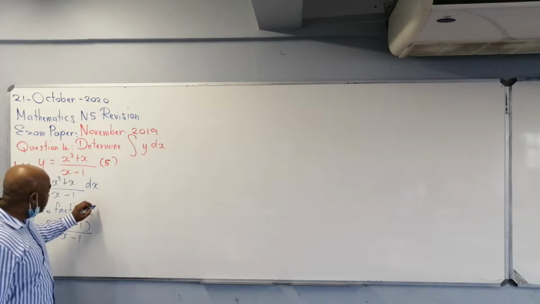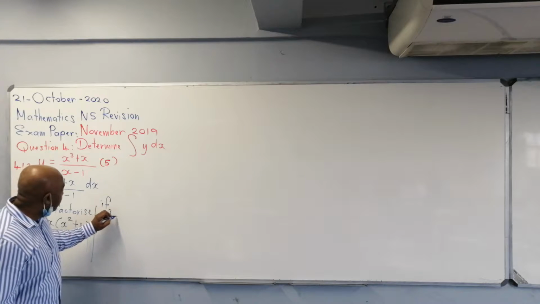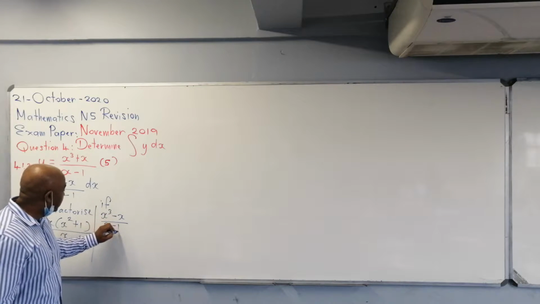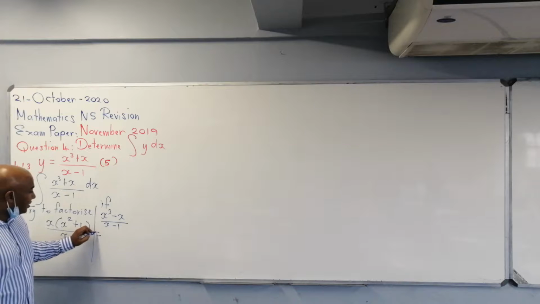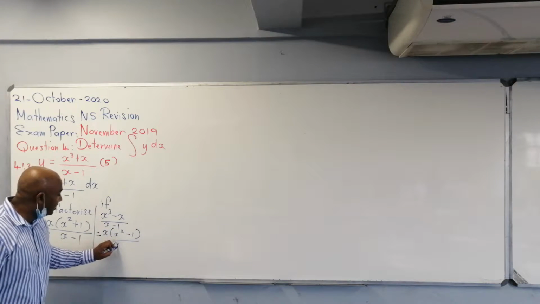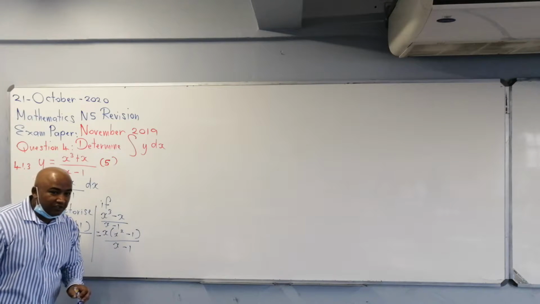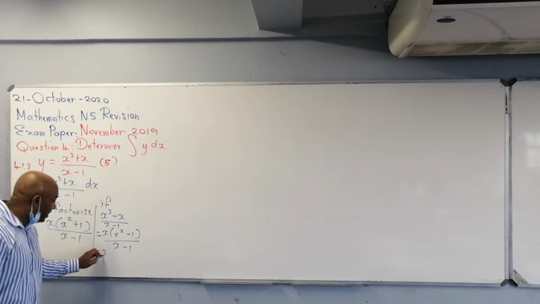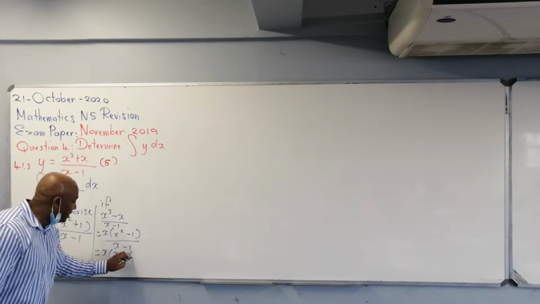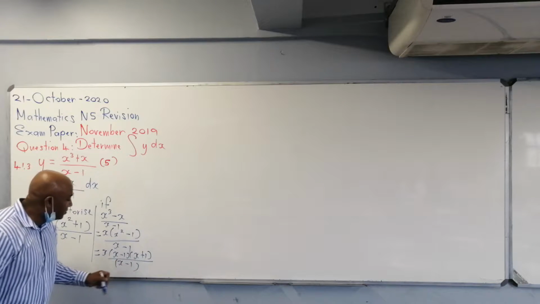So let me just show you what I'm talking about. If you had x cubed minus x all over x minus 1, then when you factorize, it will be x squared minus 1 all over x minus 1. And then this is the difference of two squares. So you can factorize, that will be x minus 1, x plus 1 all over x minus 1.